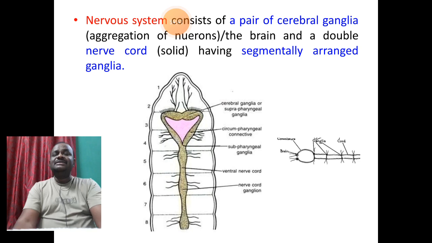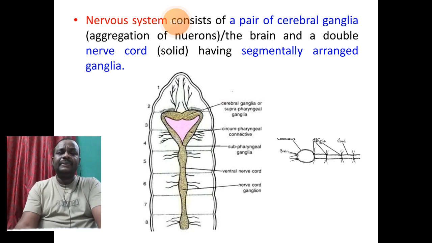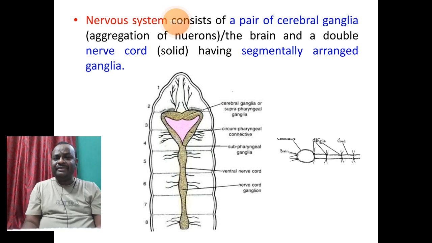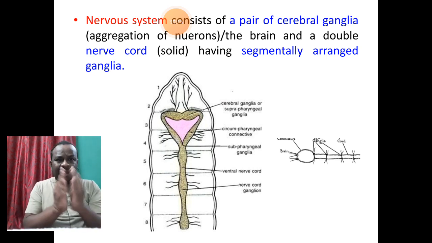Coming on to the next system, the nervous system. The nervous system is very well developed in annelids. Here is an example of the earthworm. It shows the presence of a pair of cerebral ganglia. Ganglia refers to an aggregation of nerve cells or neurons.